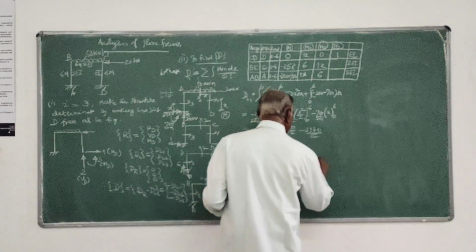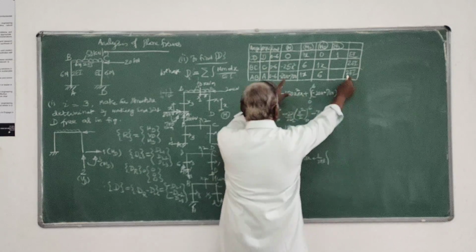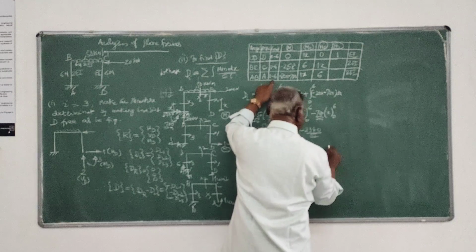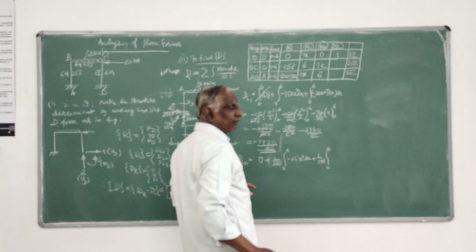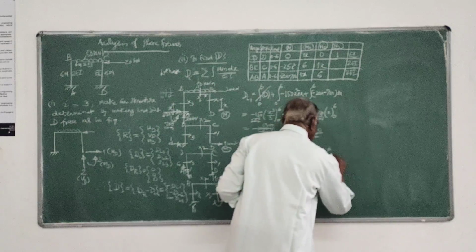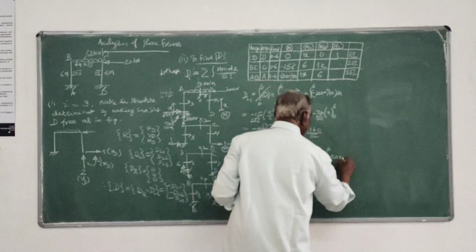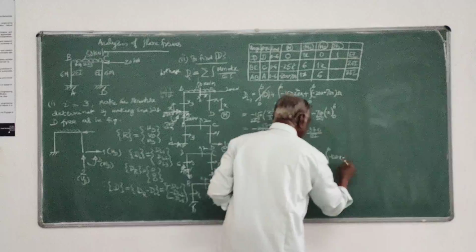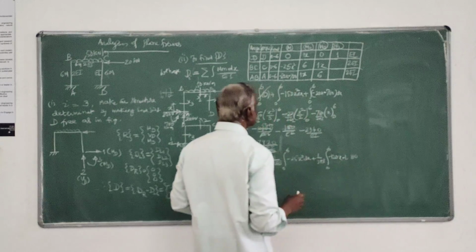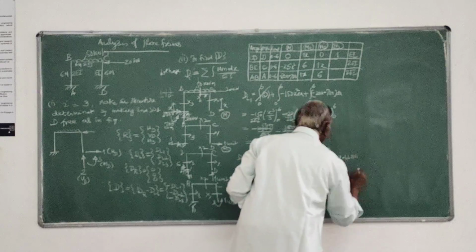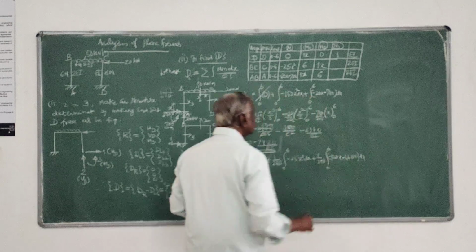Then plus 1 over 2EI integral 0 to 6, this into this: 6 into 2 minus 20, that is minus 120 x, then minus 6 into 780, 4680. This into dx. That's all.